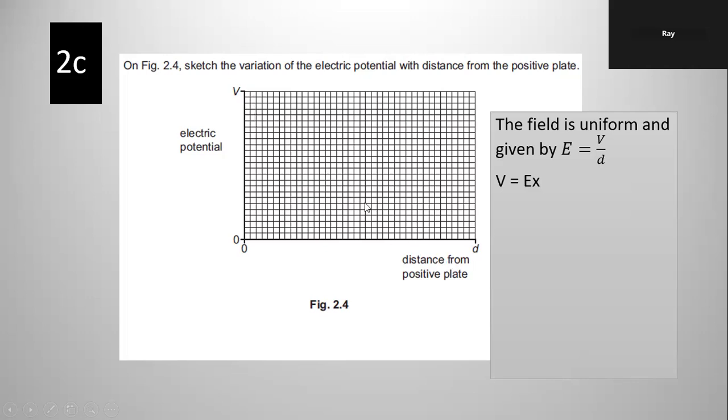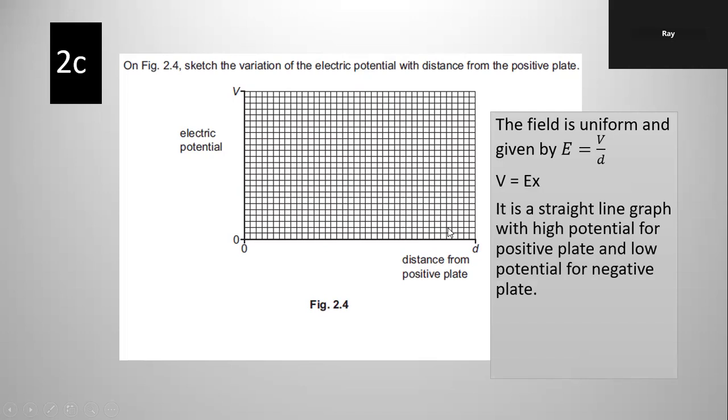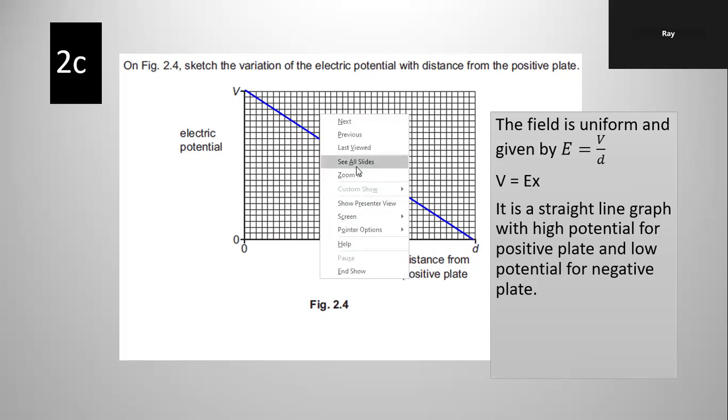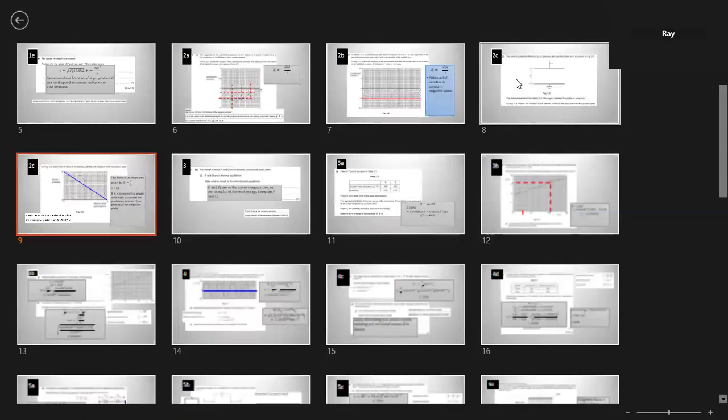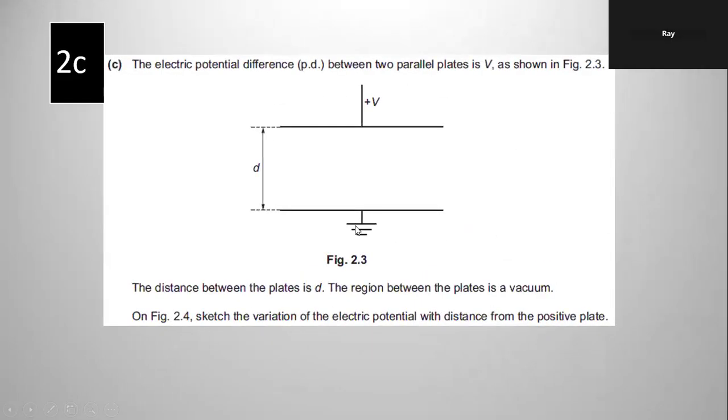The positive plate has higher potential. So that is your straight line. The lower plate has zero potential because it is earthed. That's why it's zero.